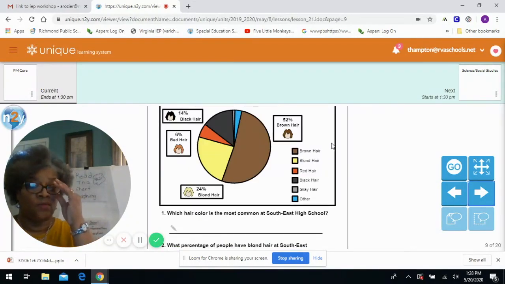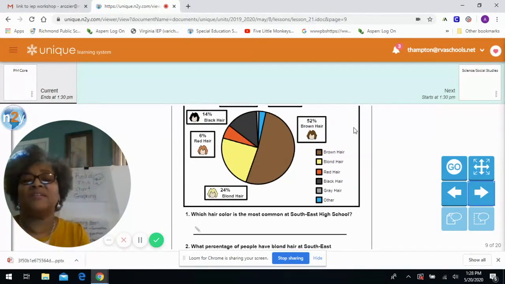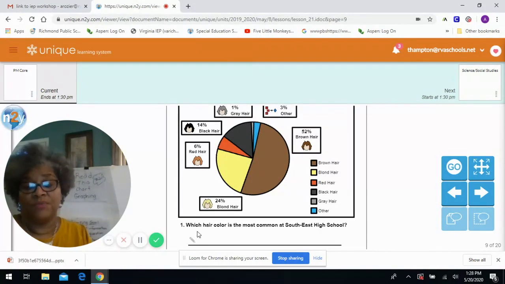Okay, so let's answer some questions. It says, which hair color is the most common in Southeast High School? What is it? Most common is brown hair, okay? And you would type brown hair here.